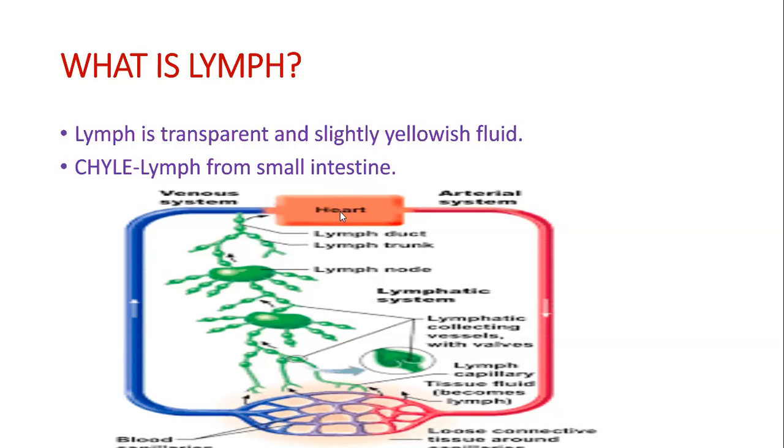So here you can see the heart. The arterial system is carrying oxygenated blood, and deoxygenated blood goes through the venous system, gets purified, and then gets back. So we can see that blood is always under pressure in the arterial system. So what happens is there are tiny pores that are formed.